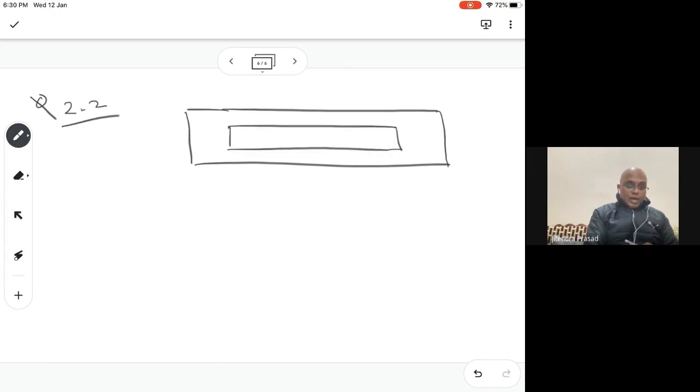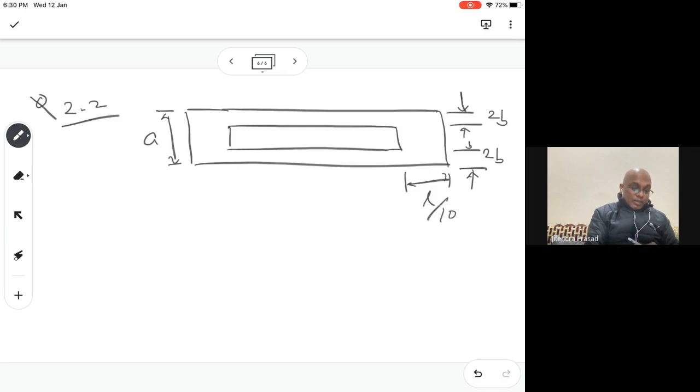Okay, and what is given here is A is given, then this is 2B, again this is 2B which is given, and here it is L/10, and this is symmetric, so this is also L/10. Okay, yeah, and the thickness is T.